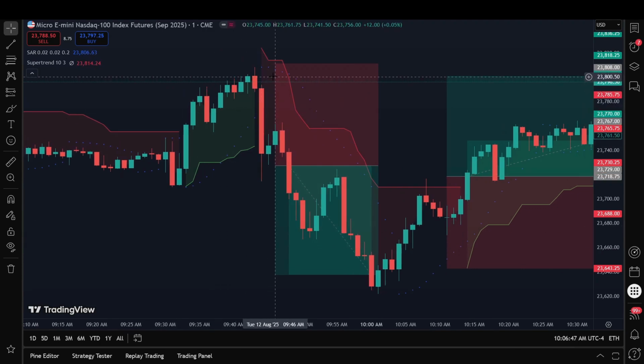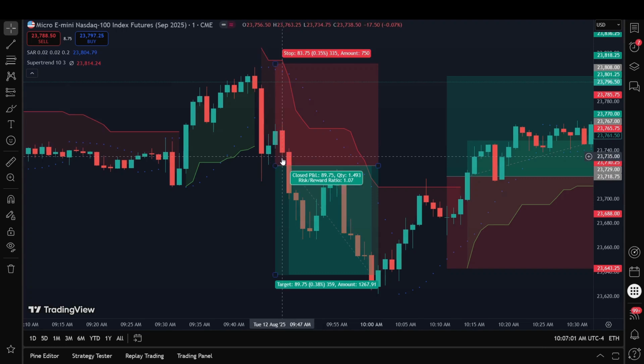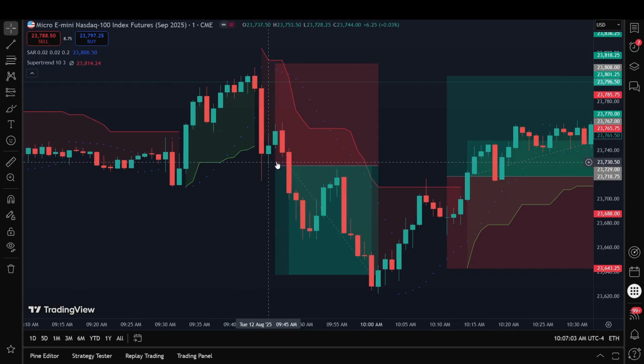Here's another reversal. Here's something interesting, because if you got a pullback like this and you got the signal here, you're probably not going to enter until these candles are swept, or you would put it here.